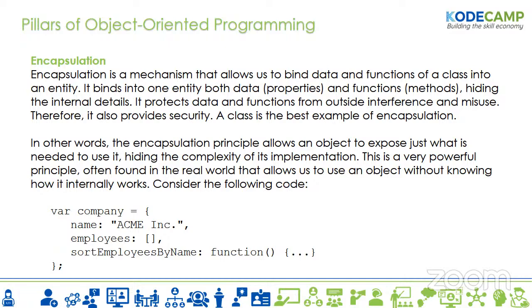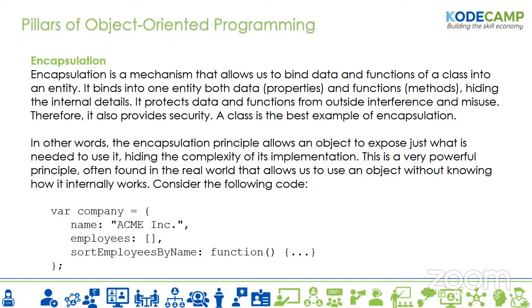So it binds to one entity the properties and the methods or functions. And the thing about encapsulation is that it hides internal details. Okay, so it hides internal details. Now, this is to protect data and functions from outside interference and misuse.